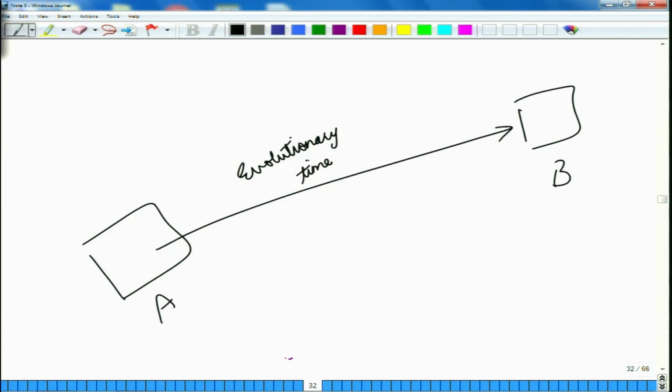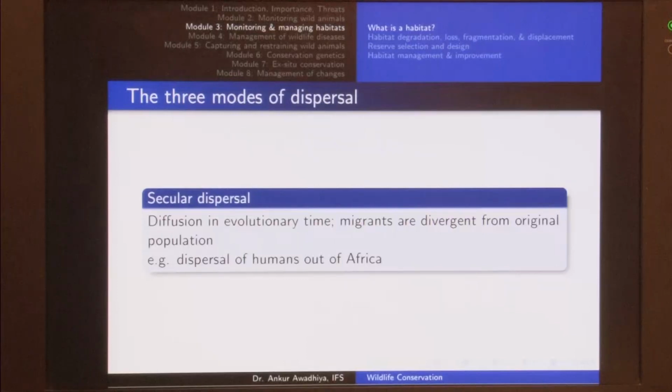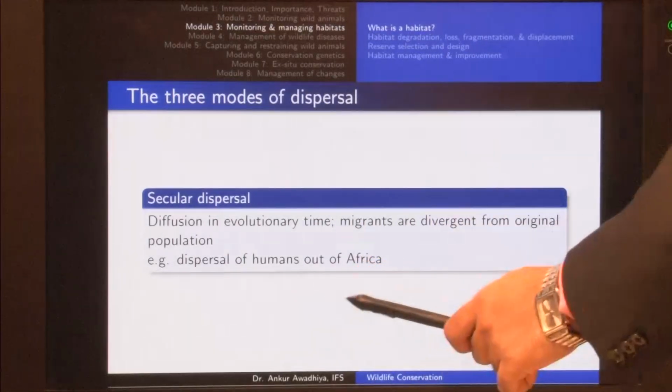In this period the organisms themselves have changed or evolved from one species to another species or maybe a subspecies. So, this is a secular dispersal, for example the dispersal of humans out of Africa.